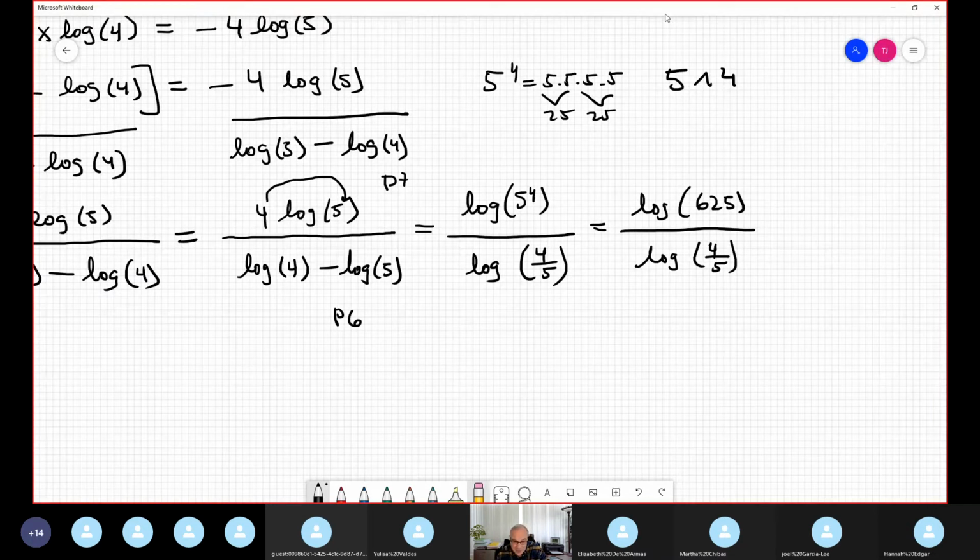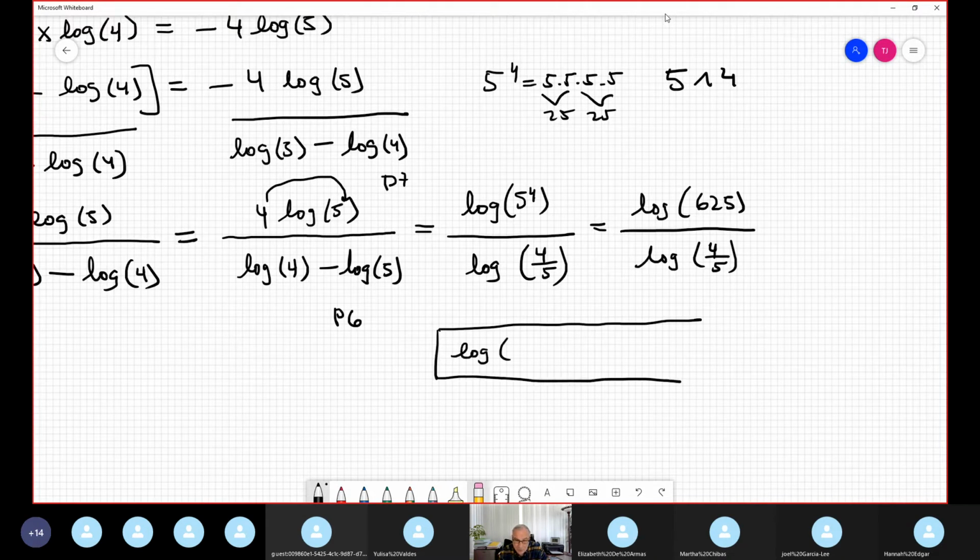Now this is the display of my calculator. I put log 625, close the parenthesis, division, log of 4 divided by 5, close the parenthesis. Let me try, so you can check whether my answer is correct or I made a mistake.